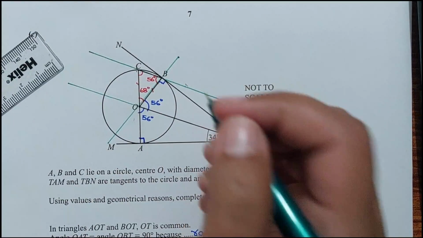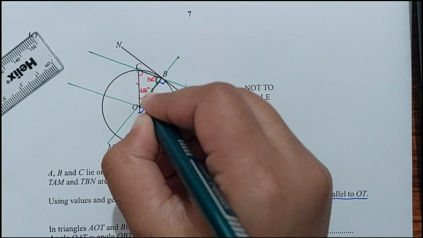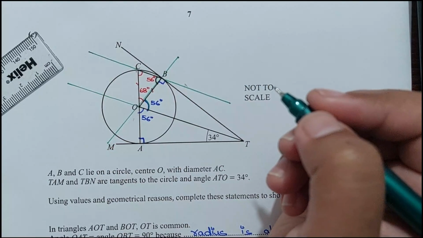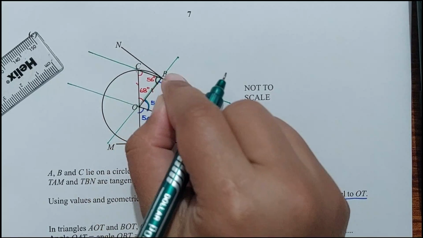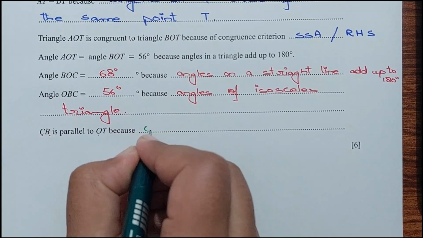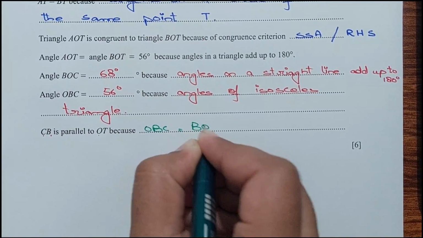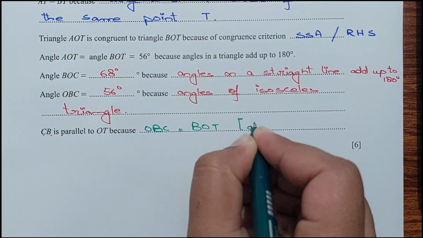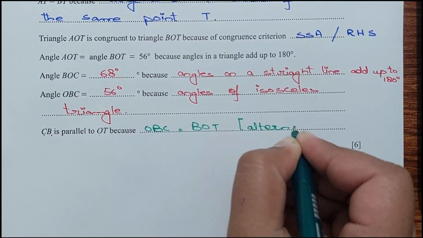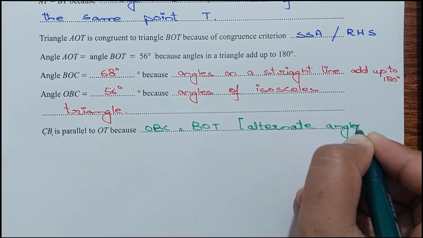We have to show they are parallel. So it means this angle and this angle should be same. Alternate angles means OBC and BOT. They are the same angles, right? Because OBC equals BOT, alternate angles.